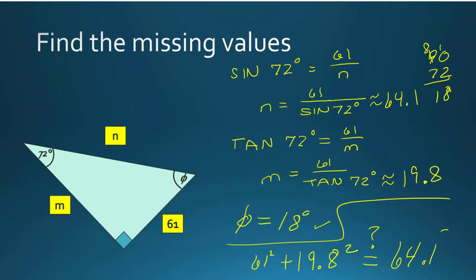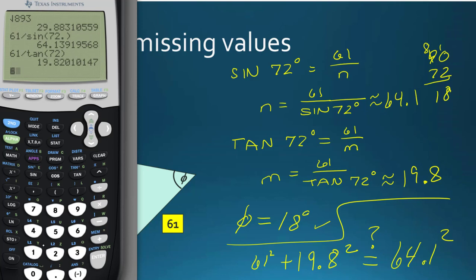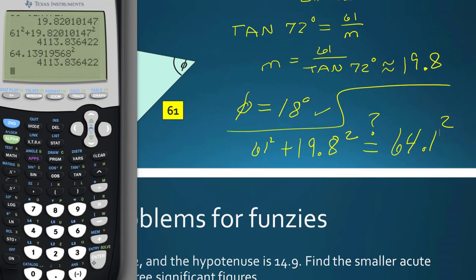Well, it's bigger, so let's hope so. 61 squared plus that 19.8 squared. Is that equal to this giant thing squared? Good enough. I love it. Actually, it's perfectly wonderful for as much as I care, which is far less than 10 sig figs, and that's how much accuracy I have.